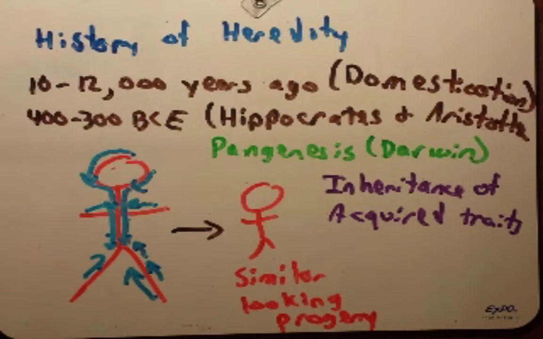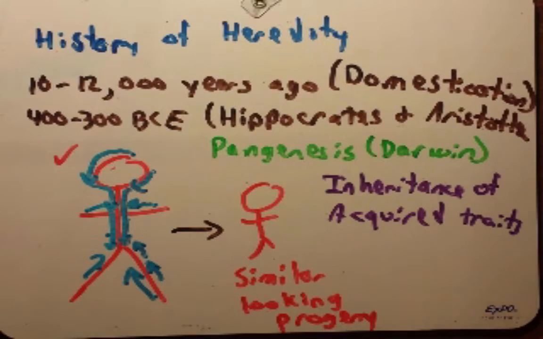And all this says is that anything that this adult here acquires throughout their life, if they learn how to play the piano, if they learn to be a great baseball player, if they learn the best place to go fishing or hunting, all of those traits are going to be passed to their gametes and passed on to the child. Inheritance of acquired traits. So anything they acquire throughout their life and before they have their child is going to be passed on to them. So this is not exactly what we think today, but they were slowly building upon what they had observed.